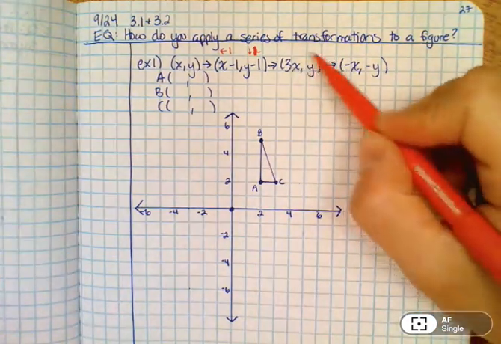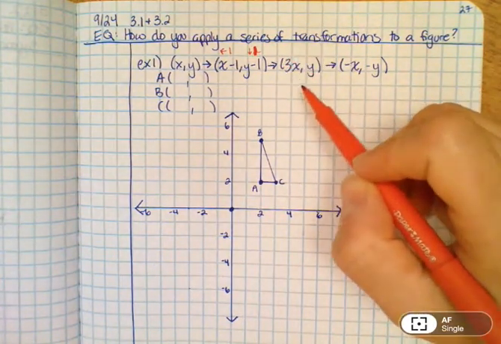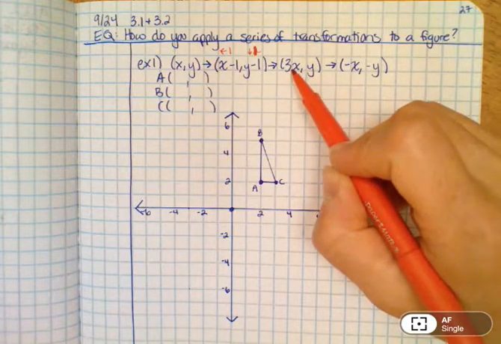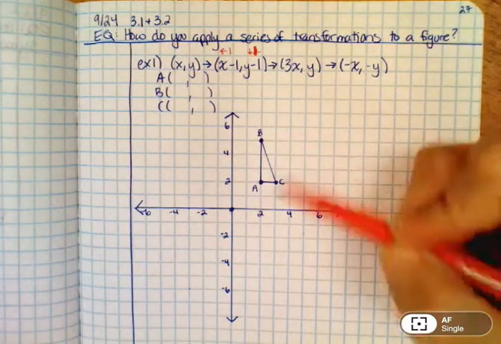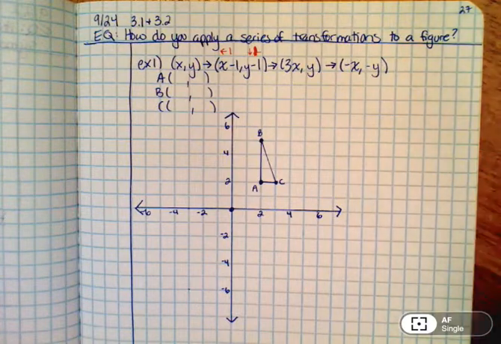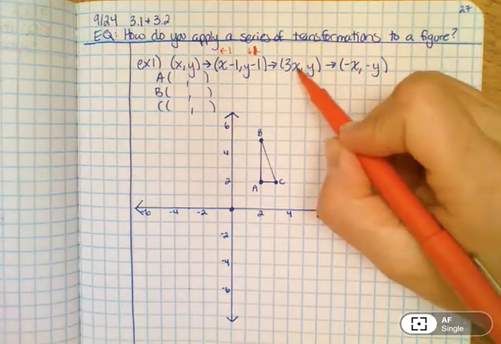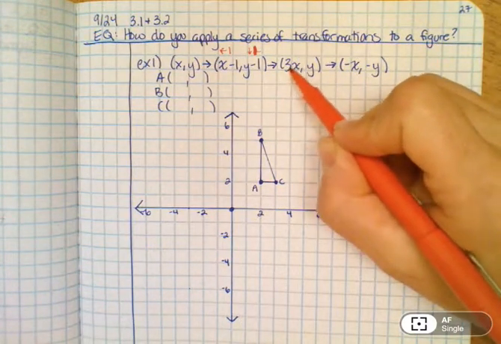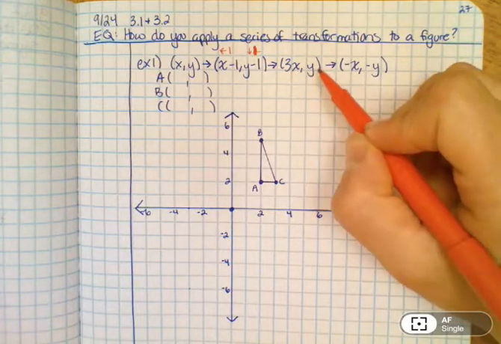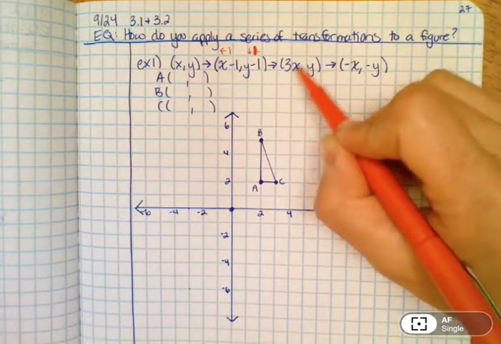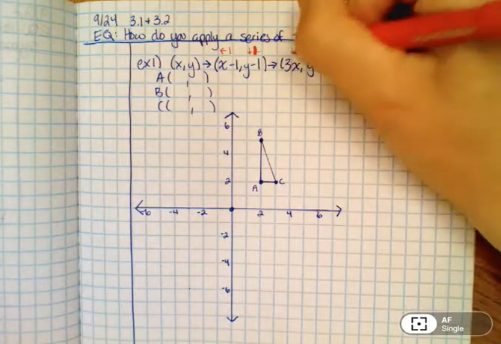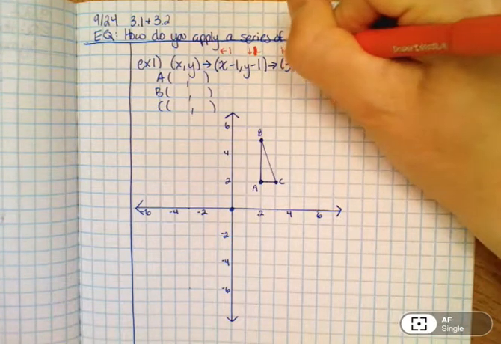And my next transformation is non-rigid. And I know that because I'm multiplying one of my variables by something, and that's going to stretch it. We haven't done that a lot, but what this is going to do is stretch my figure in a left-right way because this is my left-right variable x. So this is going to be a horizontal stretch.